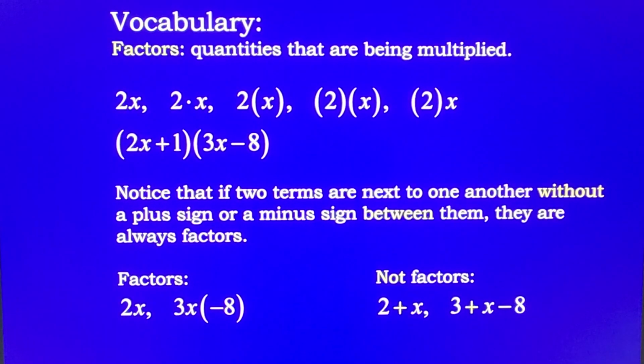So this means 3x times negative 8. On the right side, these are not factors because the constants and the variables are separated by plus or minus signs. 2 plus x is an addition. 3 plus x minus 8 is an addition.